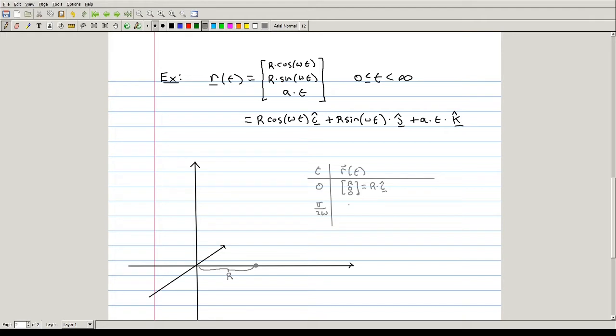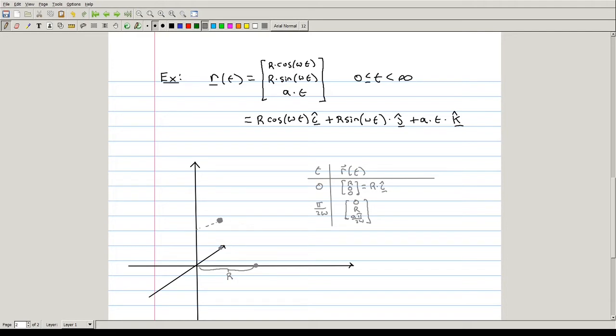And so the first component will be 0. We get sine of pi over 2, which is 1. So the second component is r. And the third component will be a times pi over 2 omega. That's the z coordinate, or the height at this point. So when t is pi over 2 omega, we're at a height right here, where the height is a pi over 2 omega.